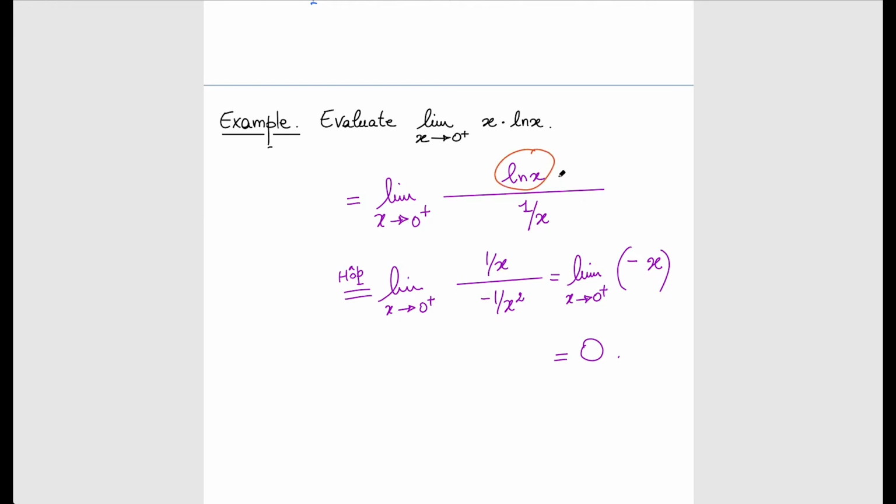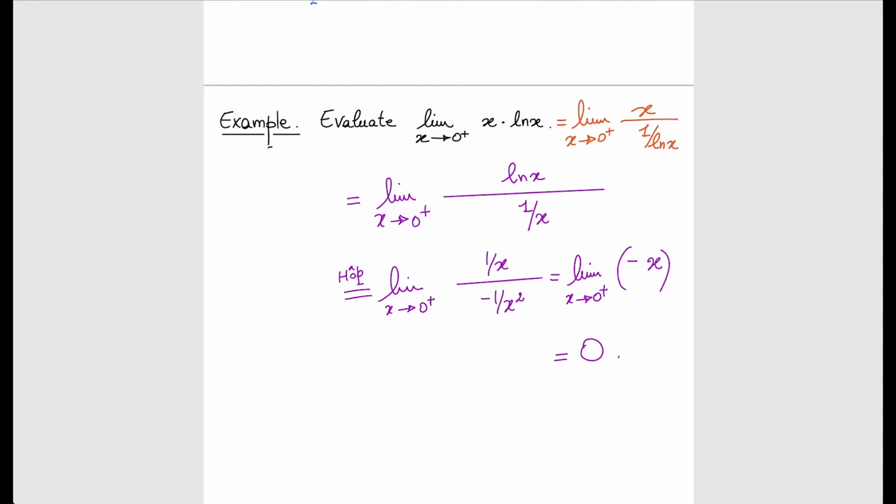Now you might think, what if I take the 1 over the ln of x downstairs and keep the x upstairs? So technically what I'm saying is, what if you think about this problem, instead of the purple discussion, by keeping the x upstairs and bringing the 1 over the ln of x downstairs like this, right?